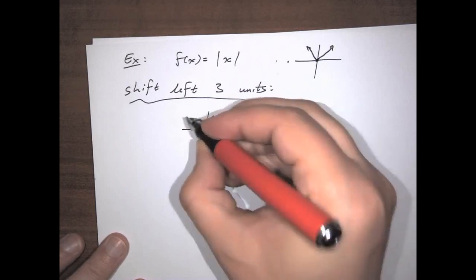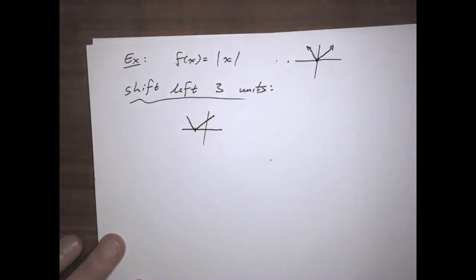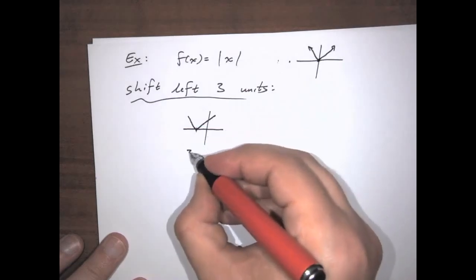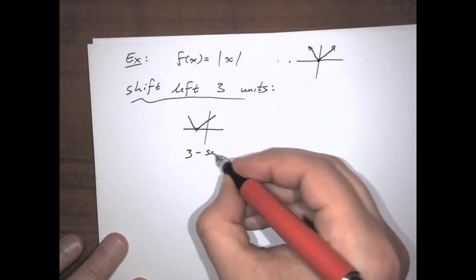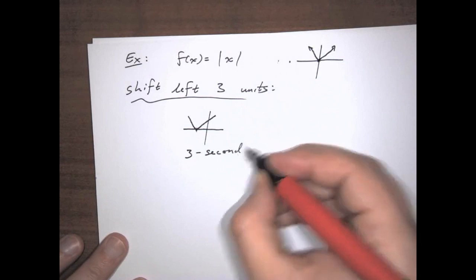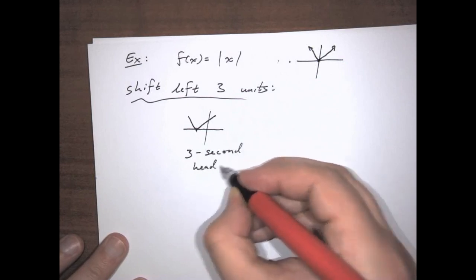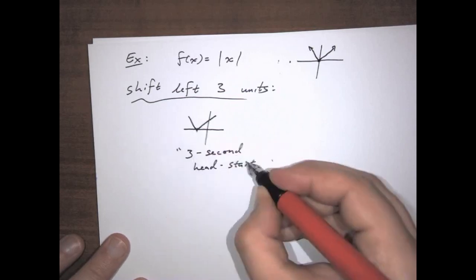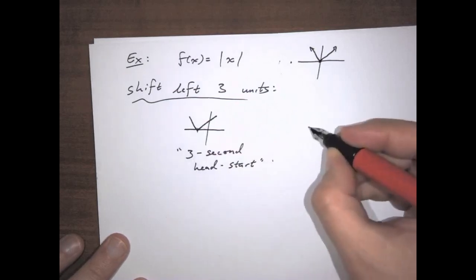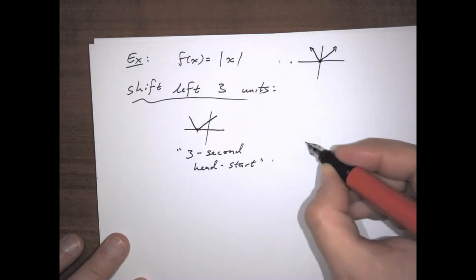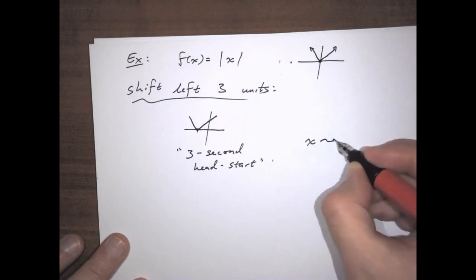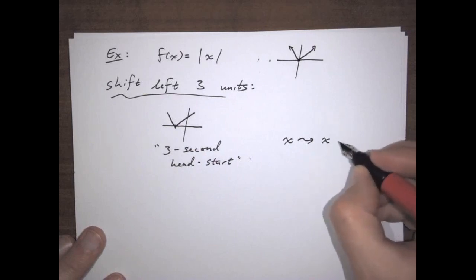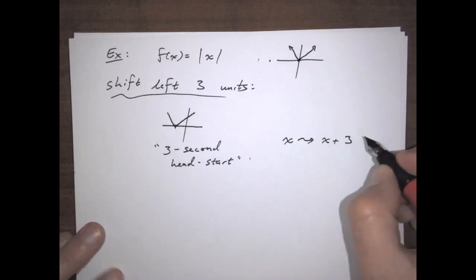So the graph means everything is happening 3 units to the left of where it used to be, which means there's been a 3-second head start. Which means that all the x values in the formula are going to be replaced by an x plus 3.